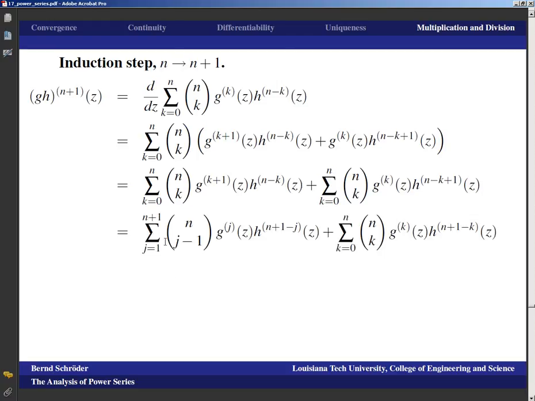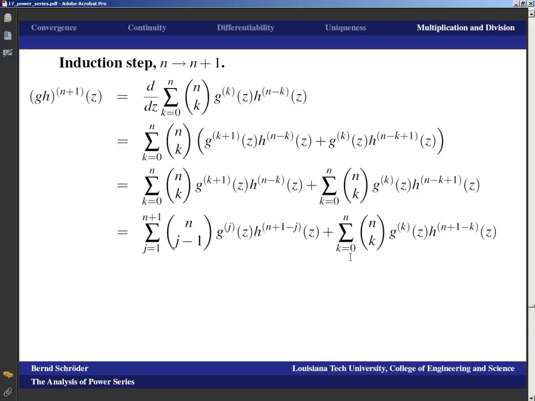We set j equal to k plus 1, which gives us the j's derivative here, and if j is k plus 1, then k is j minus 1, and so that means we get n minus (j minus 1), which is n plus 1 minus j. And if j is k plus 1, then when k is 0, j is 1, and when k is n, j is n plus 1, so that gives us the first term. The second term we actually leave alone.